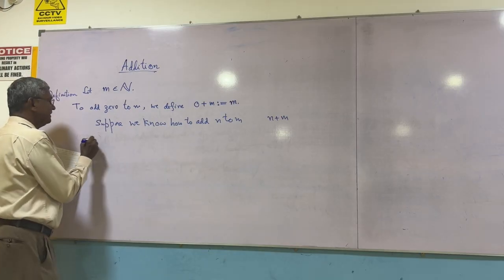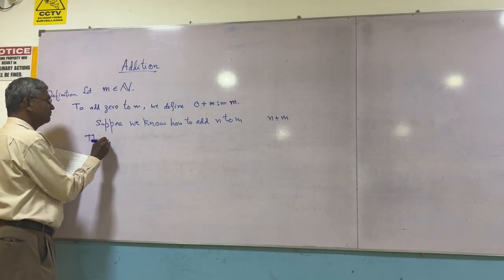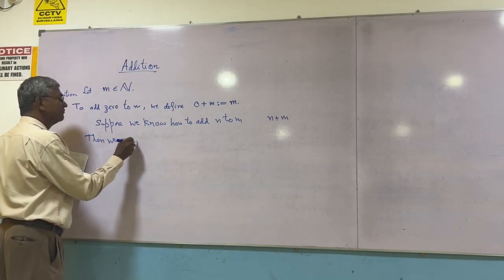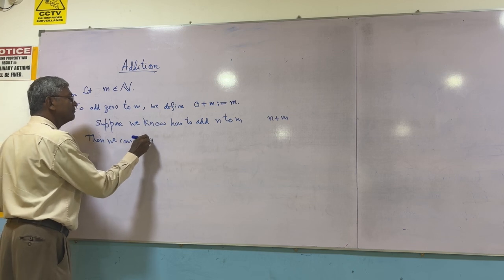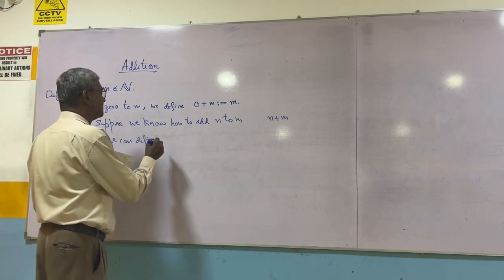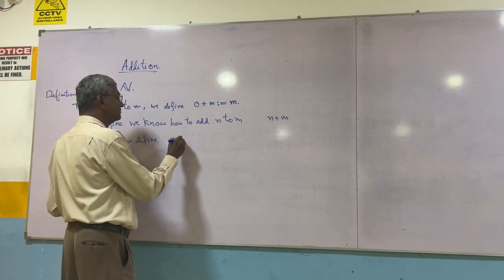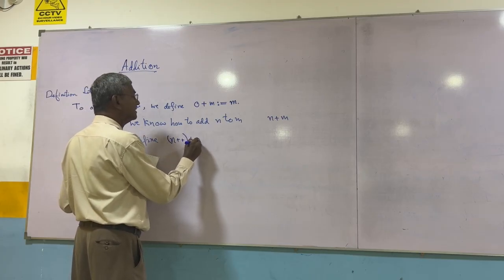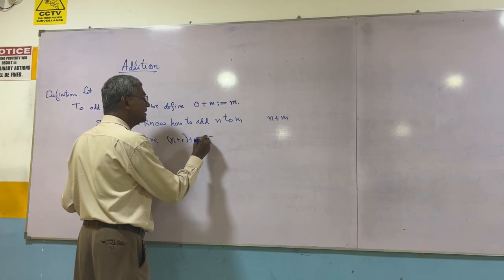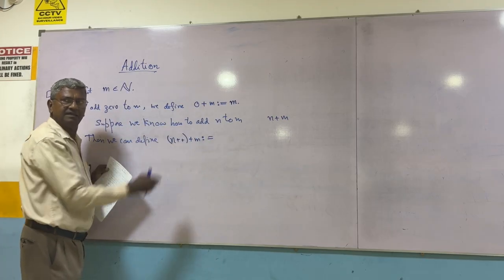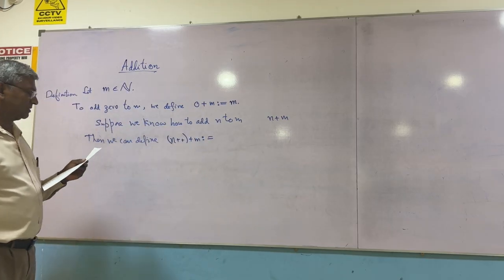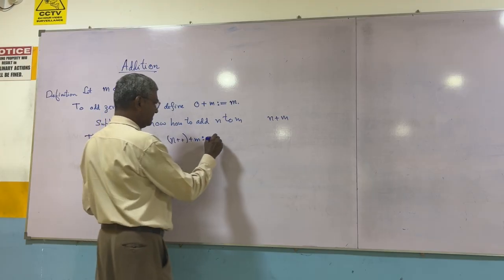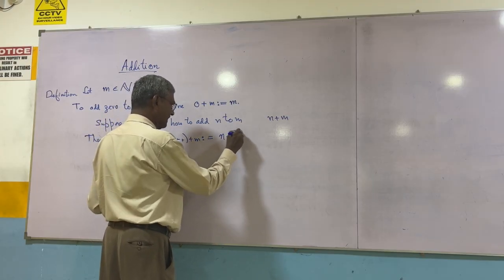Then we can define N plus plus M. And you see, because it is a definition, I put it that way: N plus plus M is (N plus M) plus plus.